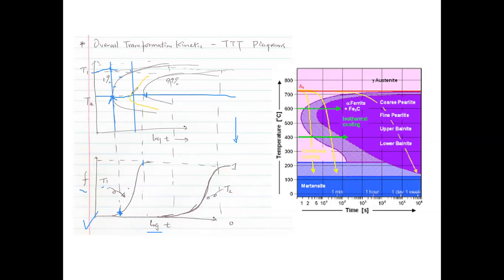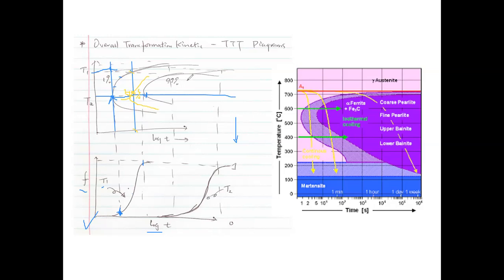Suppose this is a 50% equal fraction line. For T2, at this time, I have 50% of the transformation completed. Well, for the lower temperature, you only have 1% because this is the intersection with the 1% line. So that's basically what's going on in the system.